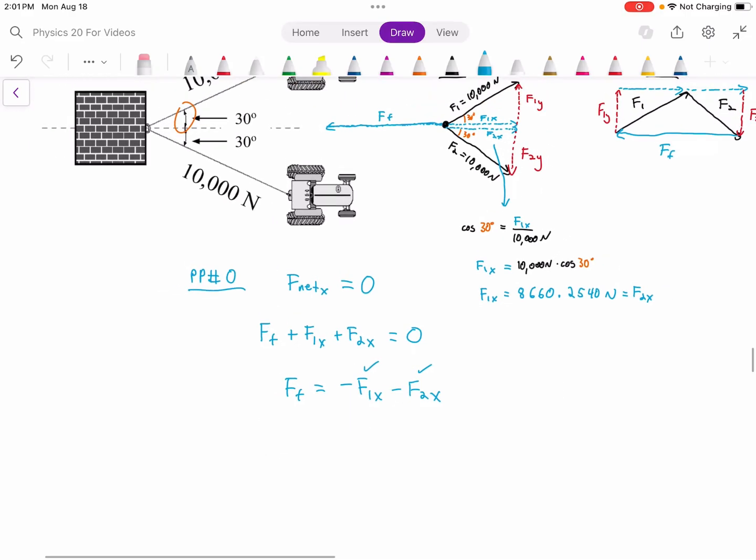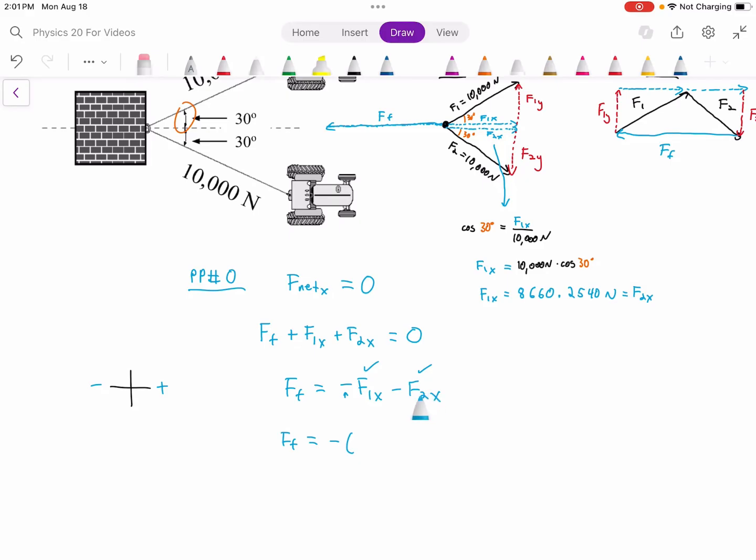Don't forget, though, we need to be very careful whenever adding vectors, which is what we're doing here, right? F net x is the result of adding every x component force, right? So we need to be careful to define our directions. I'm going to call right positive, left negative, and let's see what happens. That means that our force of friction is going to equal, okay, this negative is part of the equation, so negative F1's x component is to the right, so positive this number.